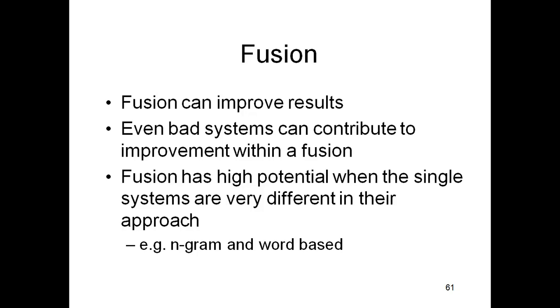Fusion can improve results even if one of the potential systems is not such a good contributor, and Fusion has a high potential when the single systems are very different. For example, I combine an Ngram approach with a word-based approach, or I combine completely different ranking algorithms. Then there is some potential in the Fusion.